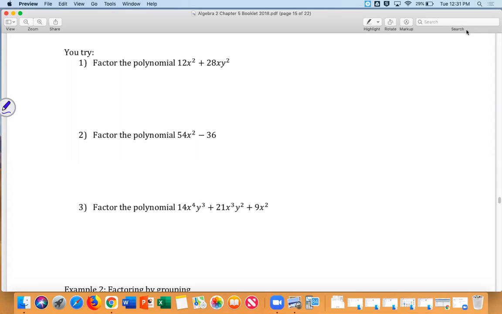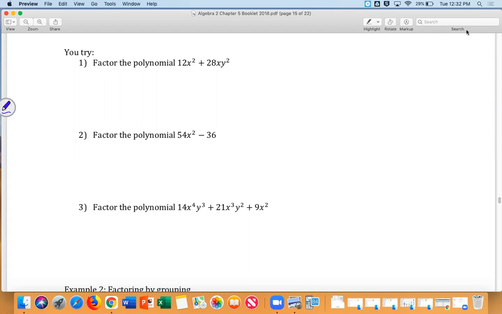You got it, Jack? Because look, they don't have anything left. 3 and 7, nothing can go into that. This one doesn't have a Y. No one does. This one has X's. This one doesn't. You're good.